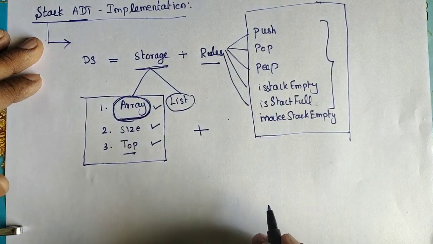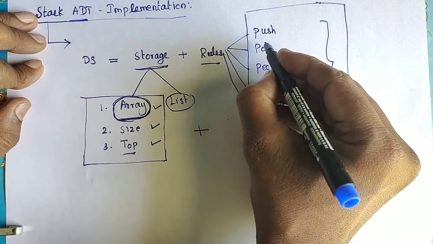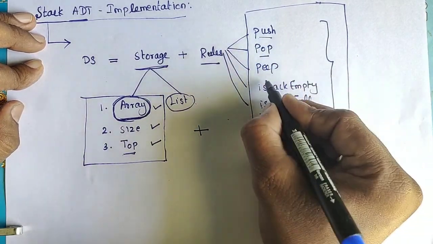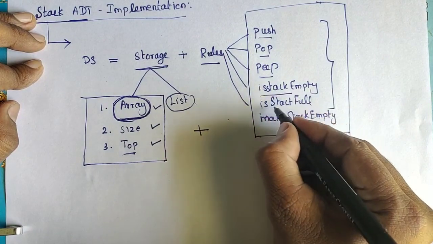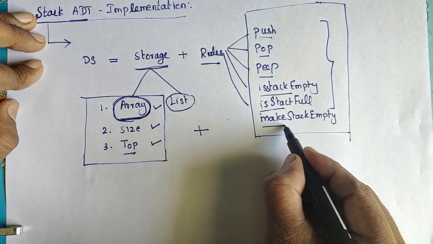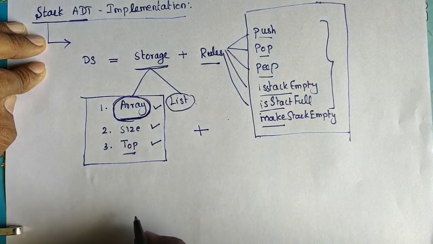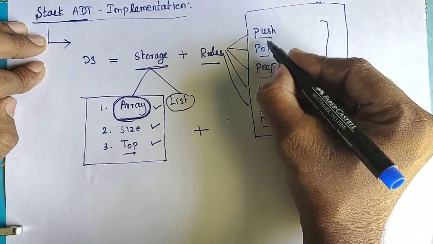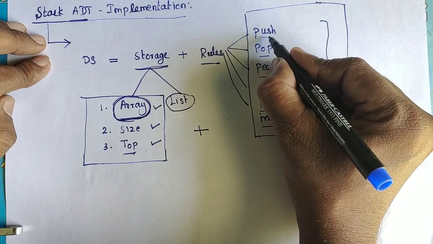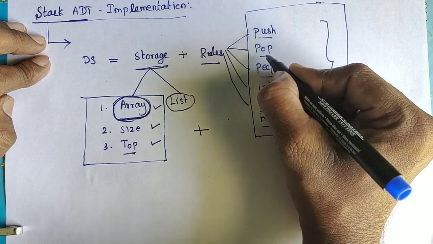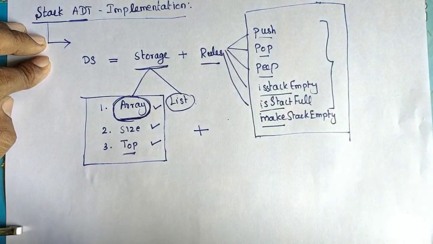The next thing is we need to complete each functionality's input and output, so that we have to identify. So these are the functions to be added, these are the storage to be added to create the stack. Next we have to identify the input and the result of each operation.